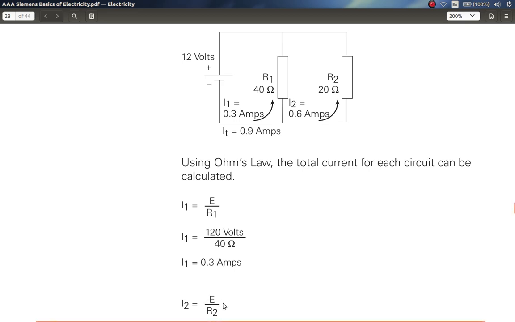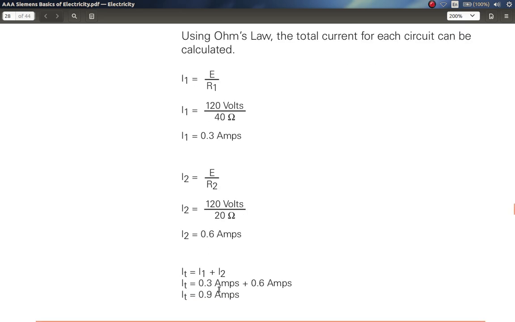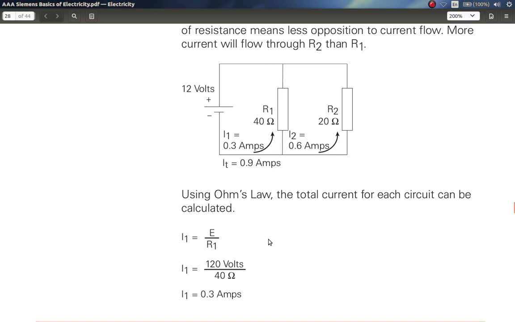I2 is E over R2. Current is volts over resistance, which is 12 volts over 20 ohms, which is 0.6 amperes. Now, total current I1 plus I2 is 0.3 plus 0.6, which is 0.9 amperes.